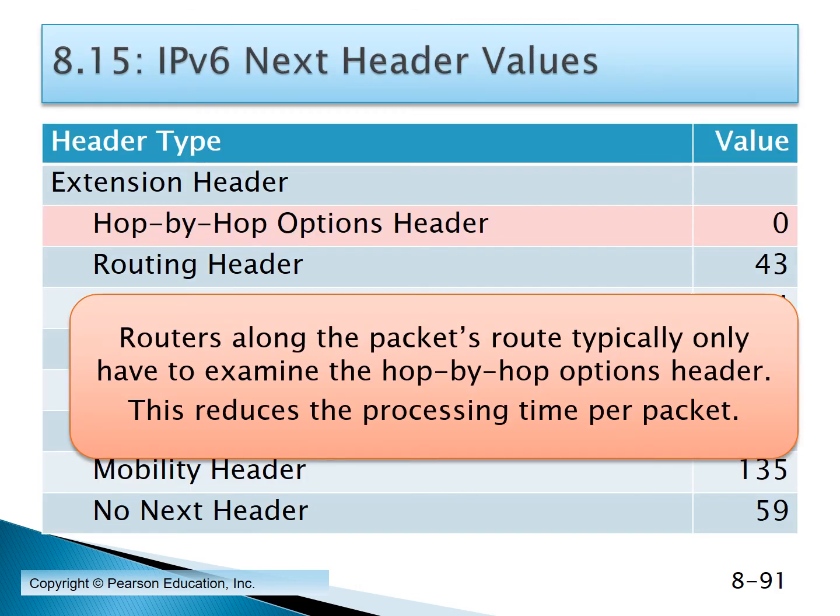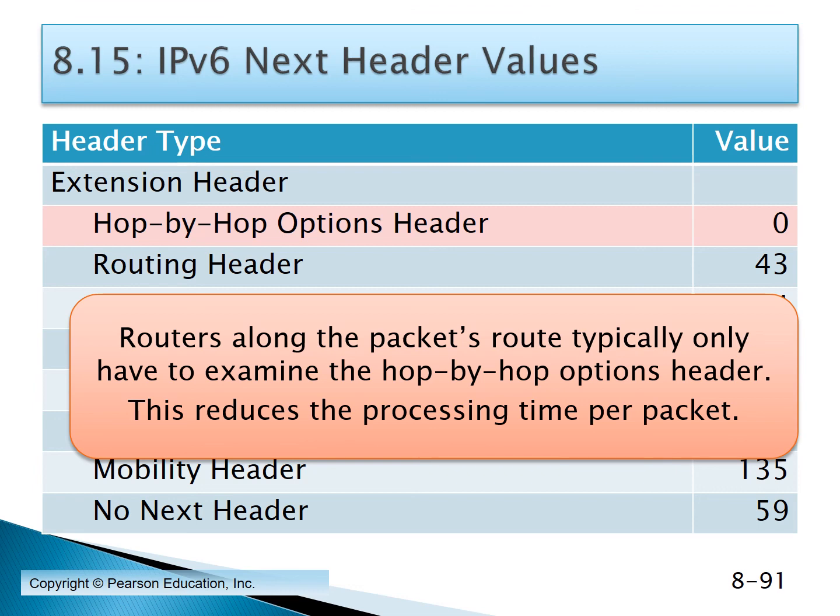The routers along the packet's route typically only have to examine the hop by hop options header. This will reduce the processing time per packet. There are some other headers like the routing header and the mobility header that are not shown here, and the last one is no next header, so then you just stop there. We have specified many different headers, but the router does not have to examine all the headers for each packet one by one.